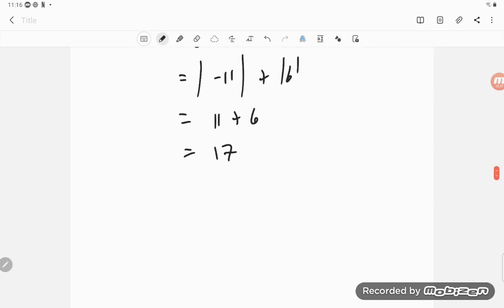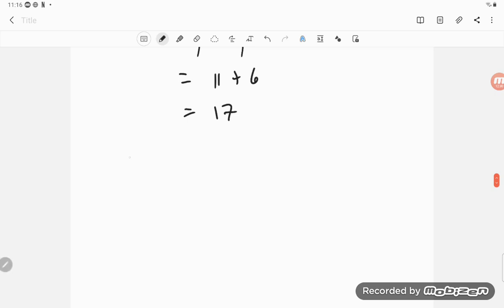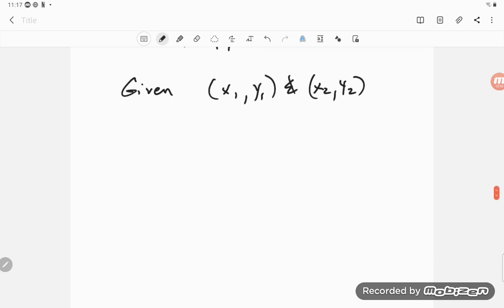And finally, again, if you write it as given two points, x1, y1, and x2, y2, then your distance in taxicab is just the absolute value of x1 minus x2 plus the absolute value of y1 minus y2.